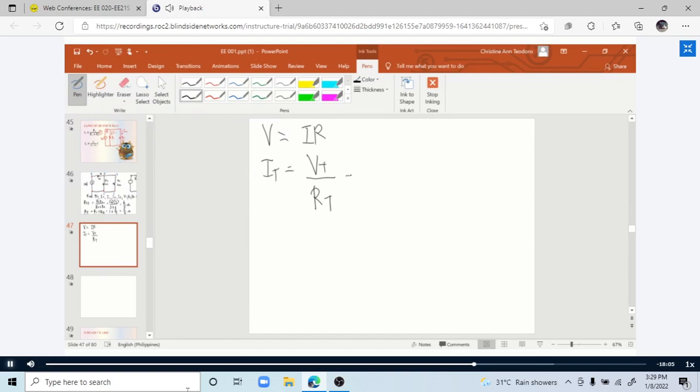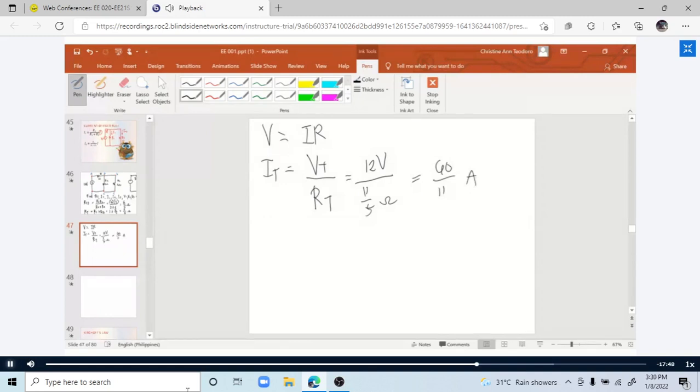So we have a total voltage of 12 volts and a total resistance of 11 over 5 ohms, correct? So therefore, this is 60 over 11 amperes.